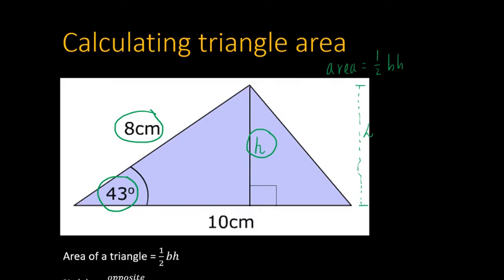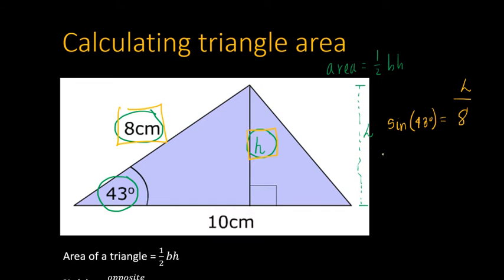So the sine of 43 degrees is equal to my opposite, which is h, over my hypotenuse, which is 8, right? Opposite, h, hypotenuse, 8. So the sine of 43 degrees equals h over 8.